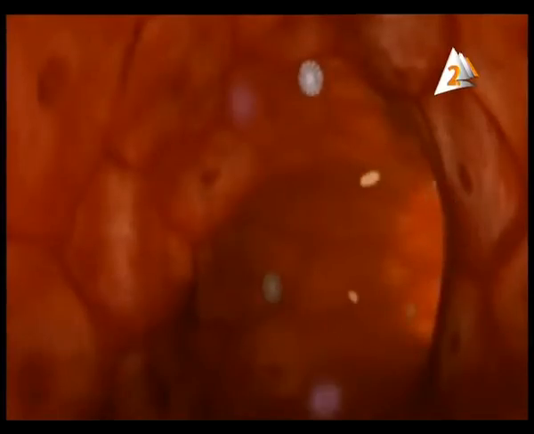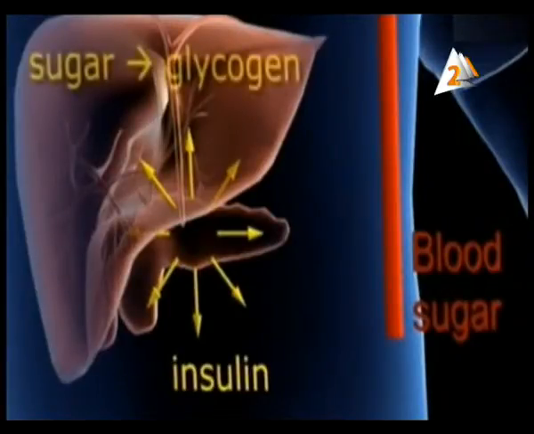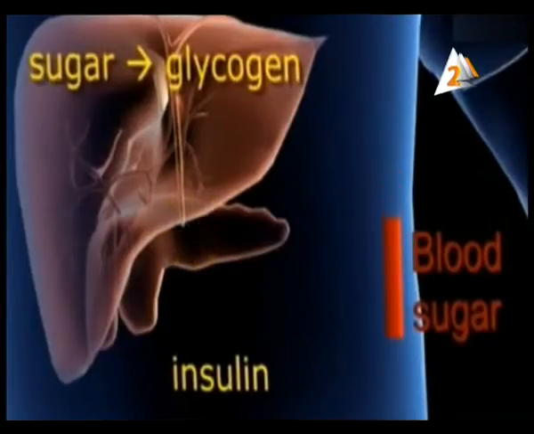Also, observe the Langerhans islets that secrete insulin hormone and glucagon hormone from alpha and beta cells. I think it is very clear on the screen now. The exocrine secretion is in the form of pancreatic juice secreted from the pancreatic cells through the pancreatic duct into the duodenum.